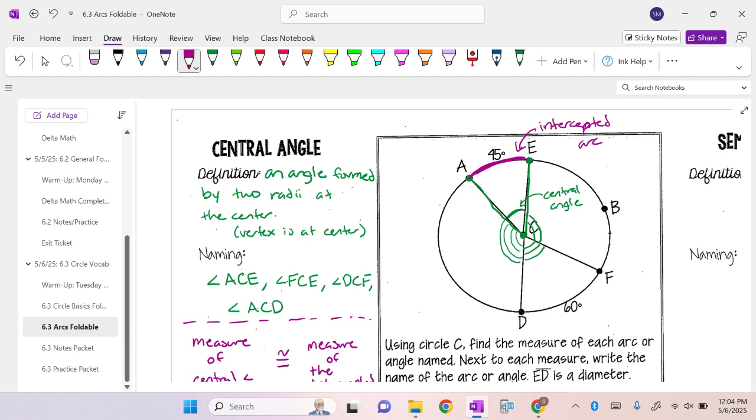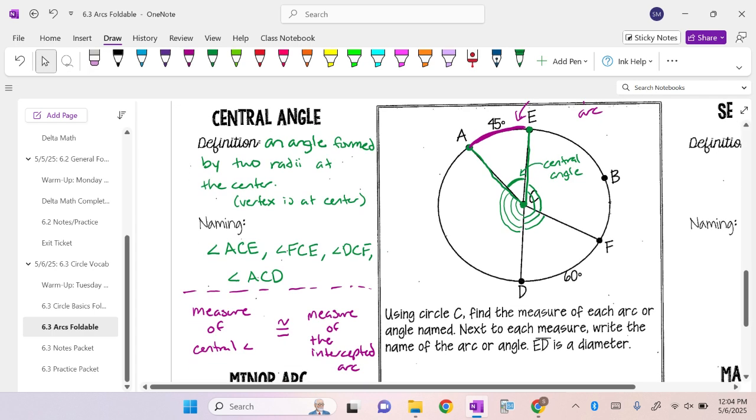All right, they're connected. So if this intercepted arc measure is 45 degrees, so an arc measure is always going to be outside the arc, what's the measure of this angle? 45 degrees. They're congruent.